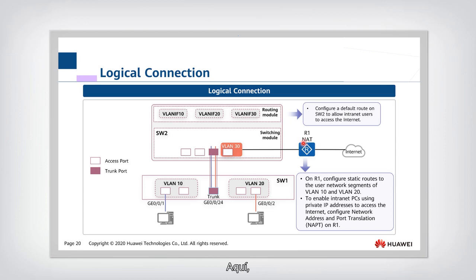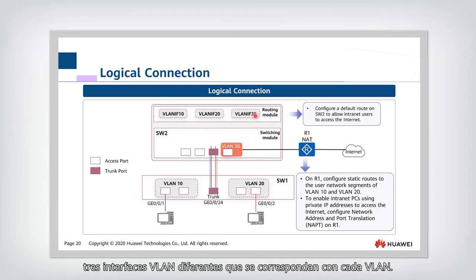And above, on the routing module, because here they should support three different VLANs, they should have three different VLAN interfaces to match each of the VLANs.